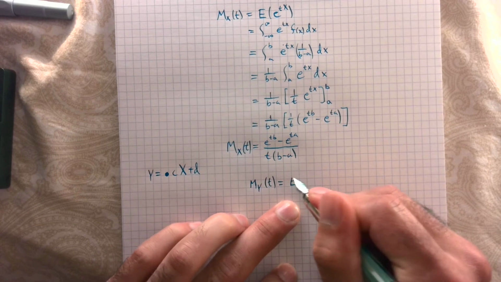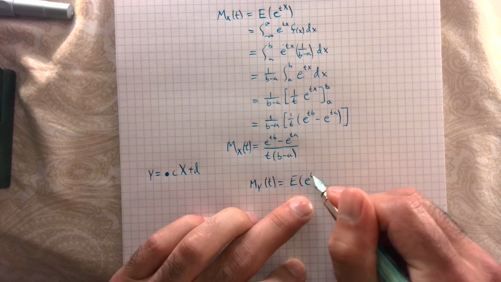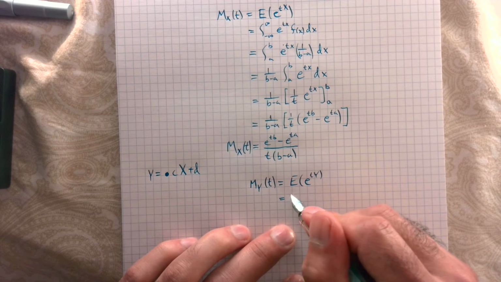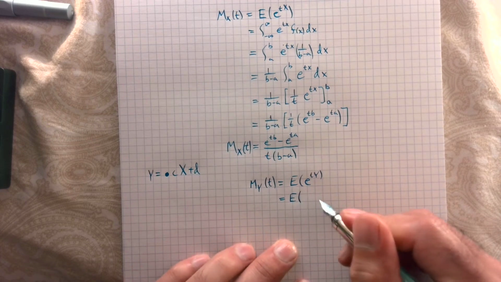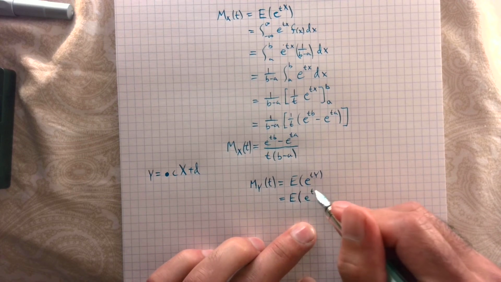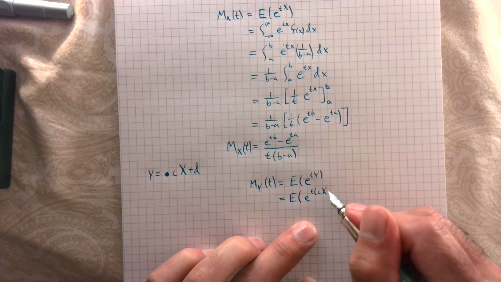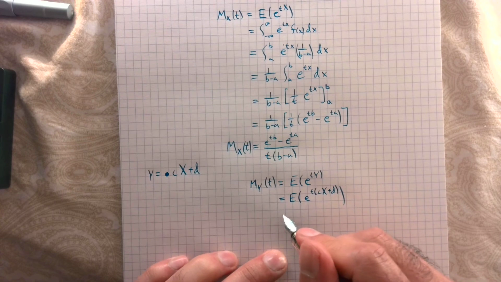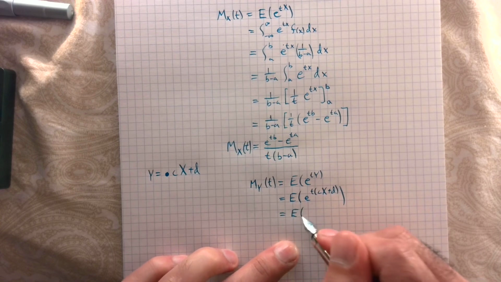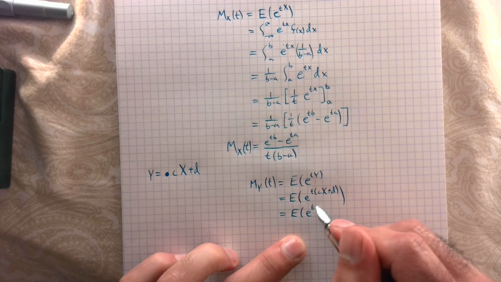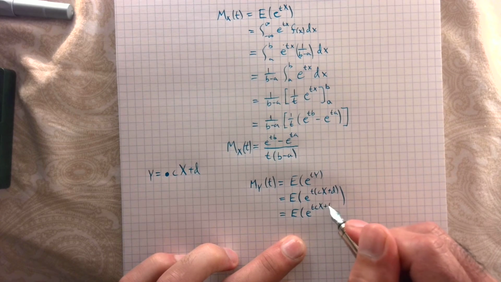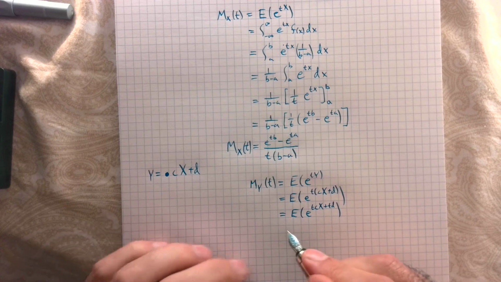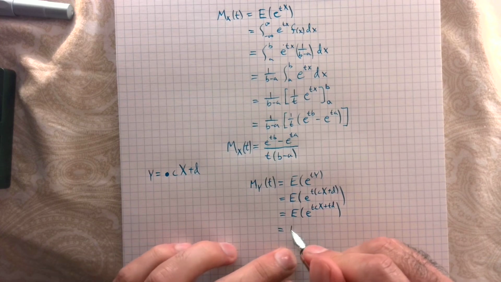So this is the expected value of e to the ty, but then y is cx plus d. So this is the expected value of e to the t times cx plus d. Then we can distribute this t. So this is the expected value of e to the tcx plus td.